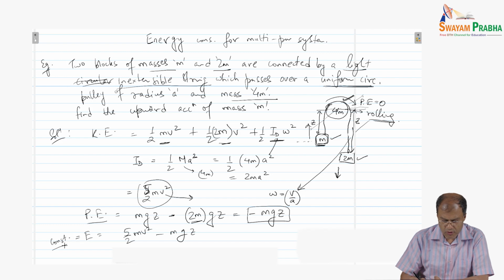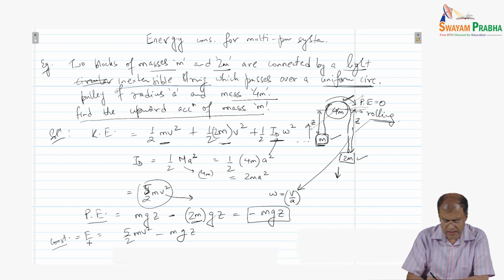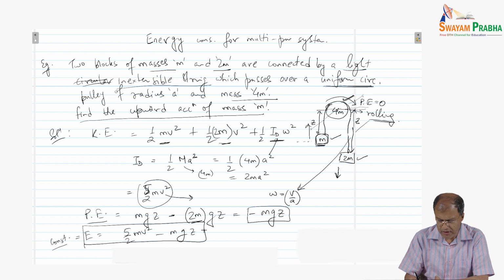Okay, so the problem asks us to find the acceleration of the smaller mass. To find the acceleration, we can try and differentiate this identity that we have written, let's say identity 1. So we differentiate with respect to time.